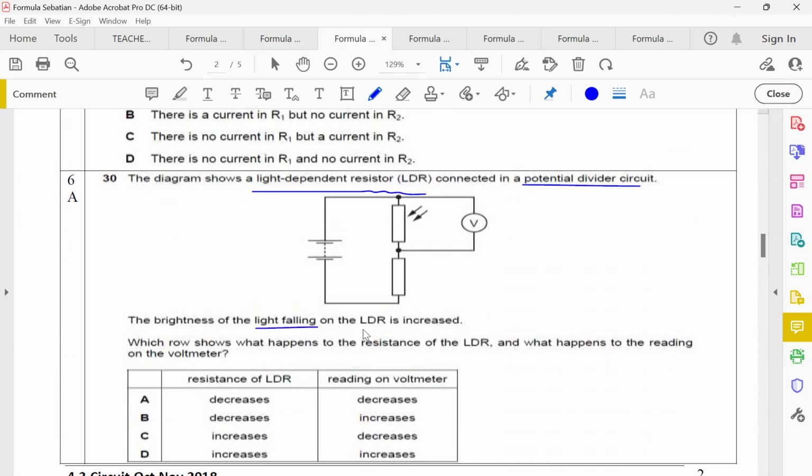Light is falling on it now, so light increases. Resistance decreases. So light increases, resistance decreases, voltage decreases. Oh yeah, so resistance decreases, voltage decreases. Question number 5.